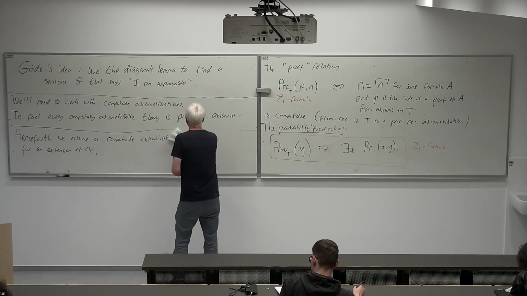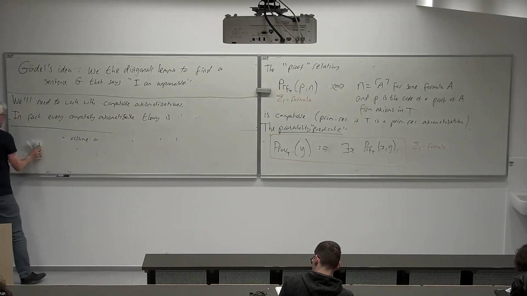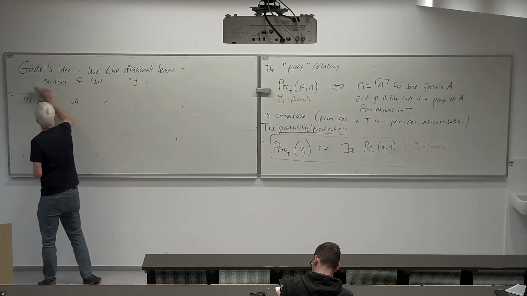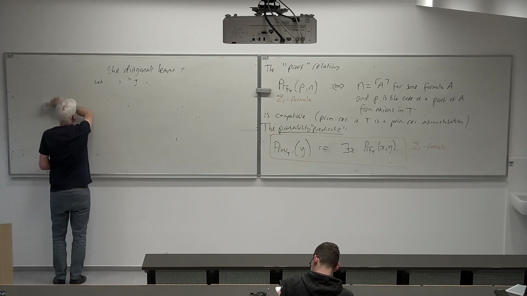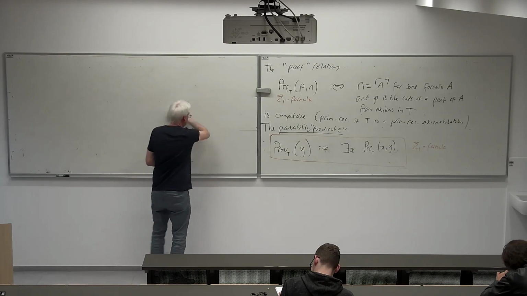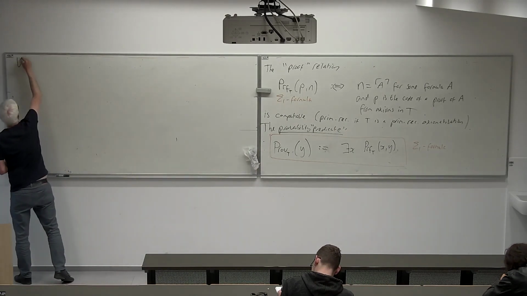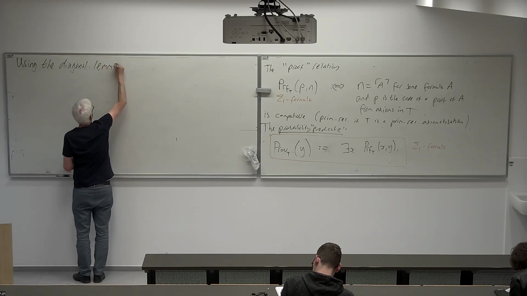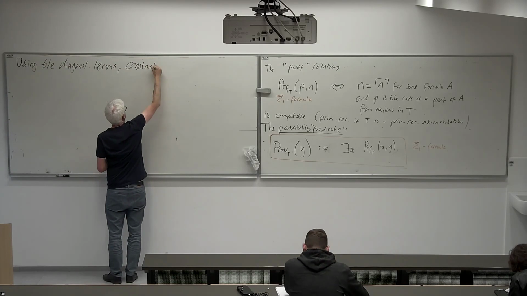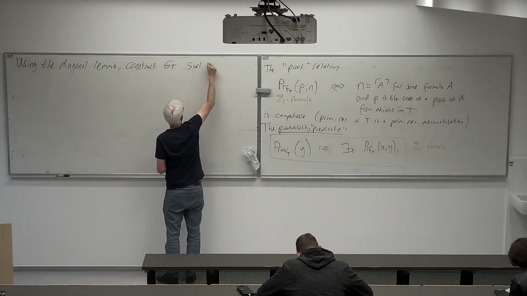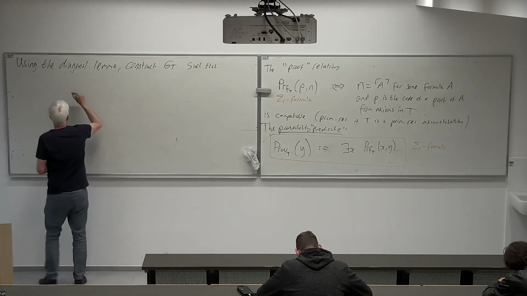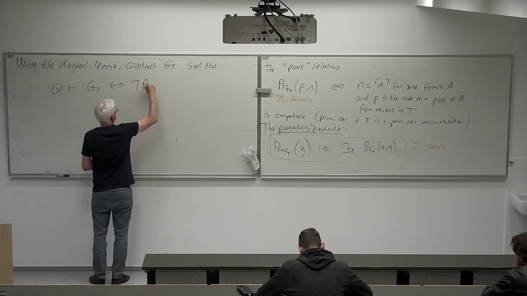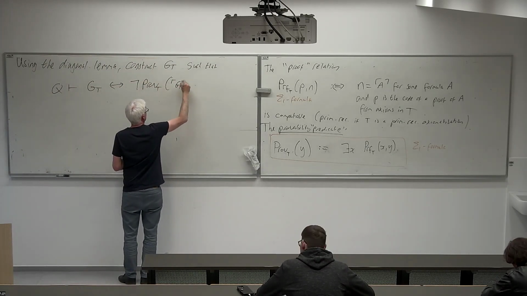And now we can get Gödel's true but unprovable sentence using the diagonalization lemma. So using the diagonal lemma, we construct G_T such that the diagonal lemma constructs it for us, such that G_T says of itself, I am not provable.